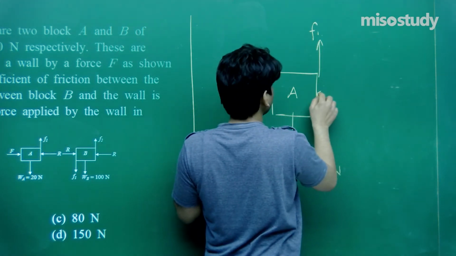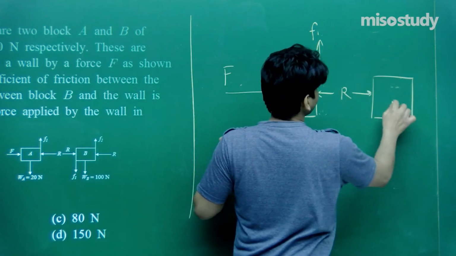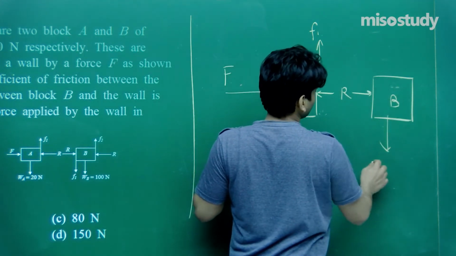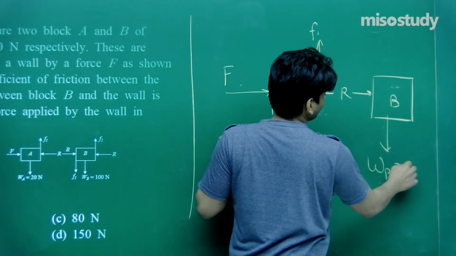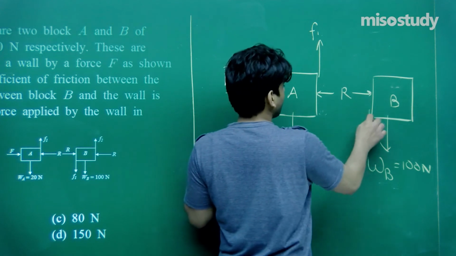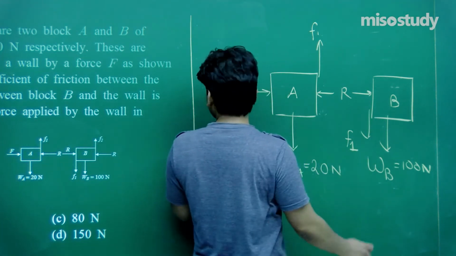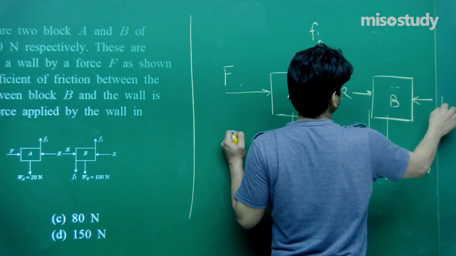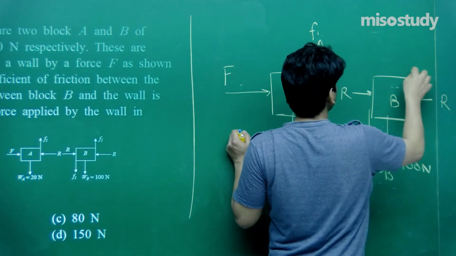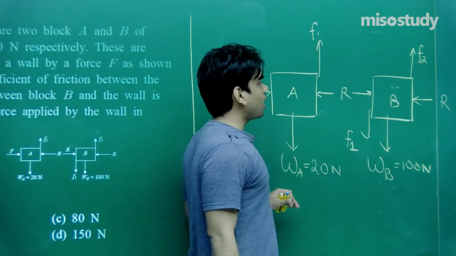Then again this is R, and this is block B. Its weight is acting in the downward direction, given as 100 Newton. F1 is acting along this direction, and then we have R acting here. Then we have F2 acting along this direction. This is what we have been provided.